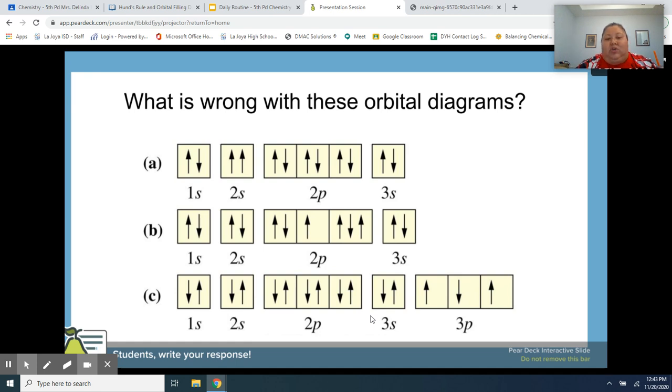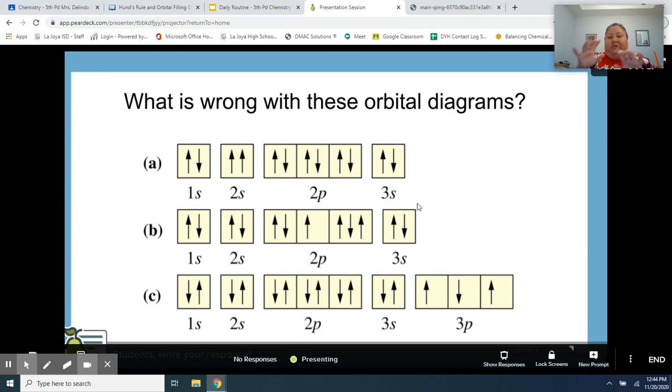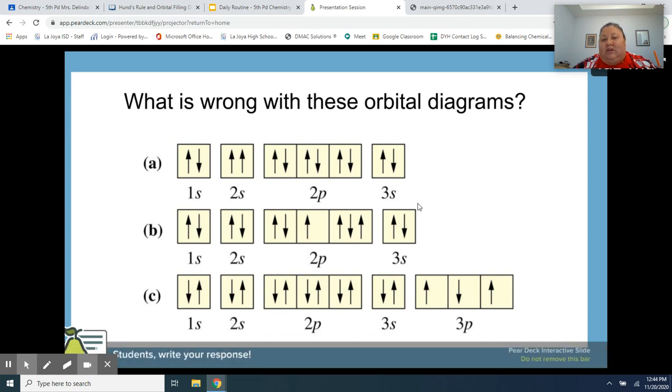Oscar, I want you to try out B, and Mario, letter C. So A is Alexia, B is Oscar, C is Mario, and the rest of you pick whichever one. You're supposed to type out your response. You can type it out or you can just come off mute and tell me what's wrong with it. I'll give you some time to think.